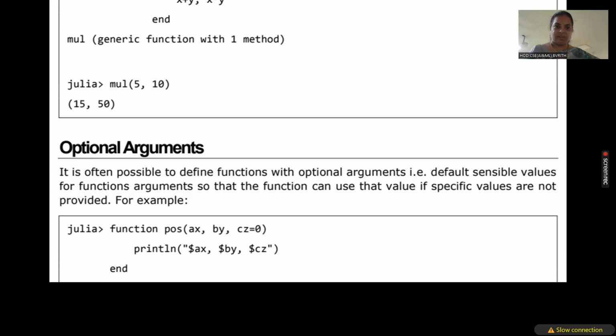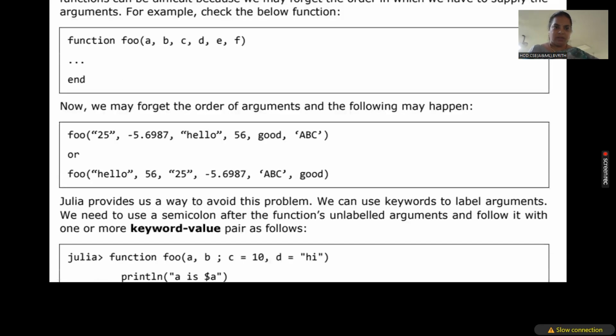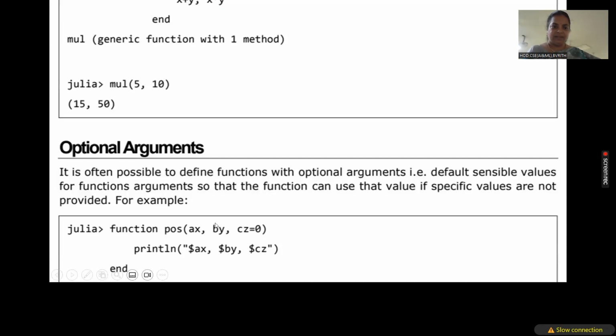So whenever we are executing or compiling it, it shows a message that the function pos is created with two methods. Actually, for normal functions it shows that one method is created. But whenever we specify optional arguments, then it shows that a generic function is created with two methods. Okay, why? Because we can use this function in two ways: one with three arguments and one with two arguments.